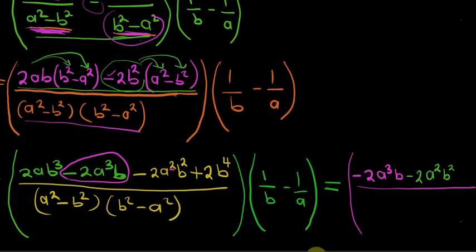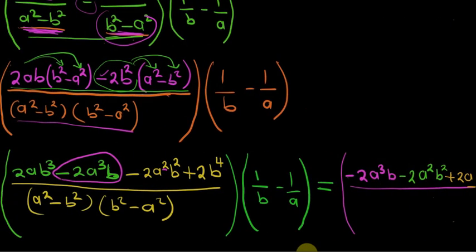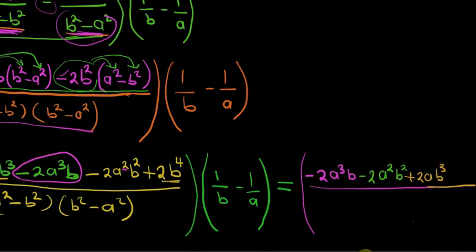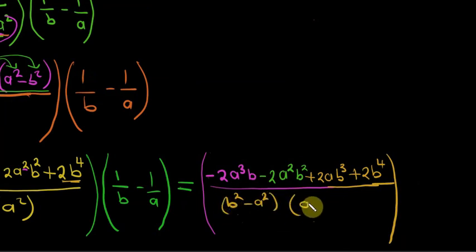The next one is 2ab cubed. Okay, plus 2ab cubed. It's this one. And the last one, 2b to the fourth power plus 2b to the fourth power. Everything divided by b squared minus a squared all over a squared minus b squared.